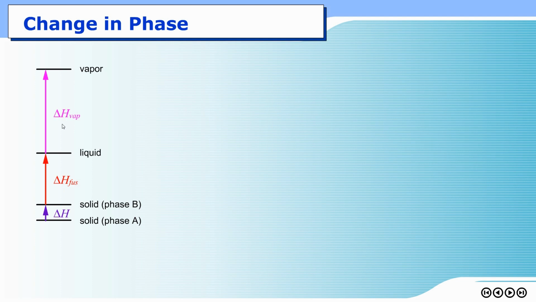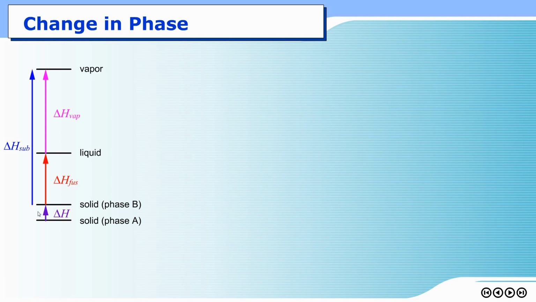Please note that we use the word heat because normally these phase changes are assumed to take place under constant pressure, and under constant pressure, delta H equals heat.